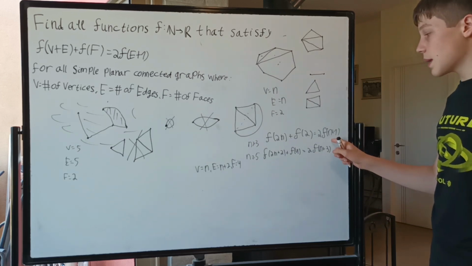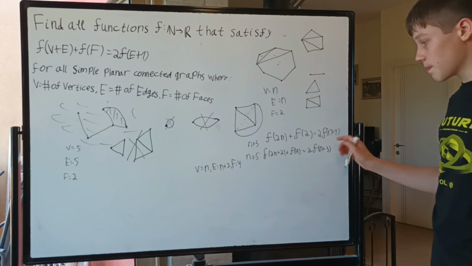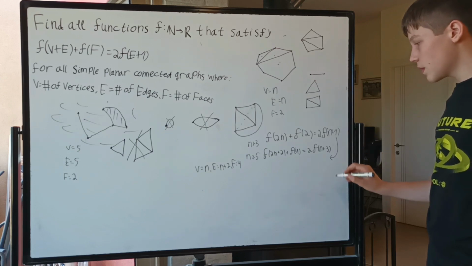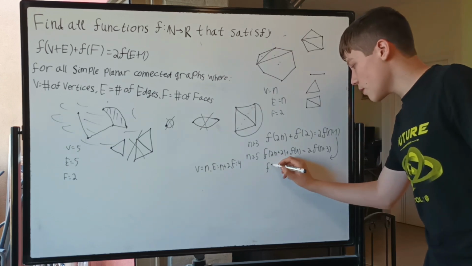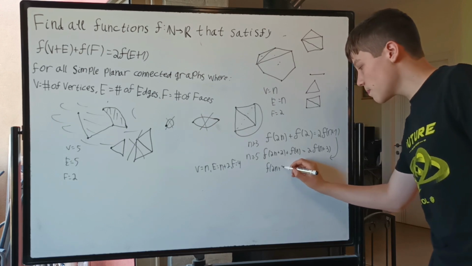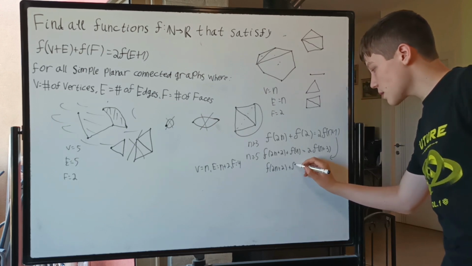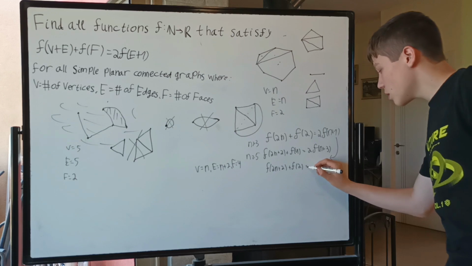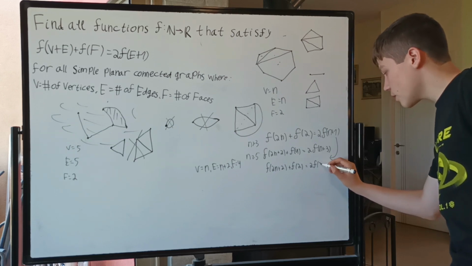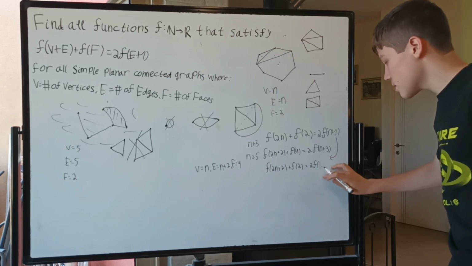Now if we substitute n plus 1 into this equation, we get f of 2n plus 2 plus f of 2 is equal to 2f of n plus 2.